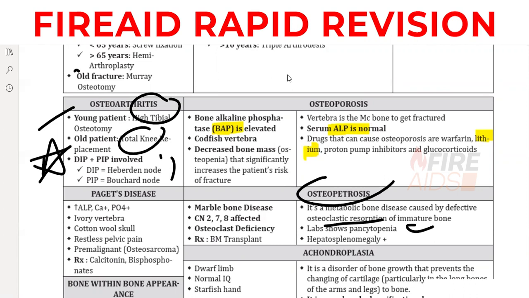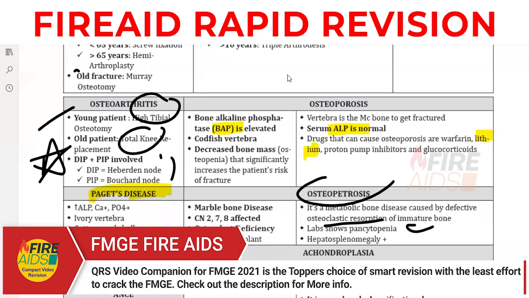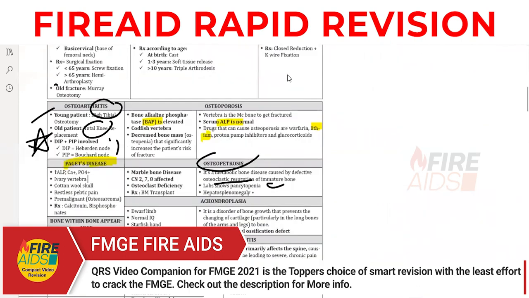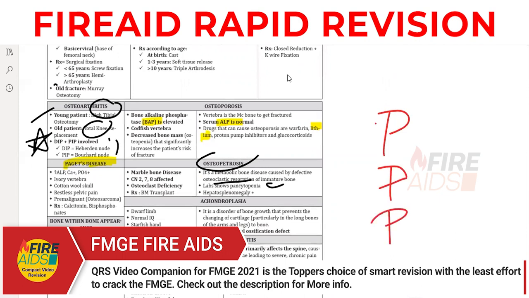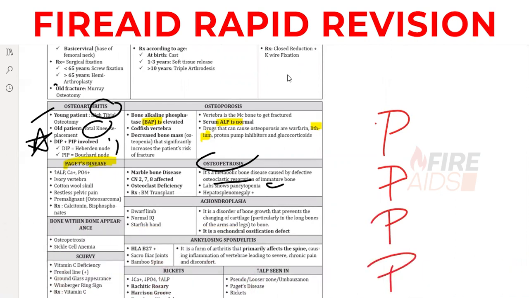Okay. So that's it about osteoporosis. The next is Paget's. So for Paget's you have to remember P for Paget's, P for pelvis, P for pain, P for pre-malignant, P for phosphate, P for alkaline phosphatase.